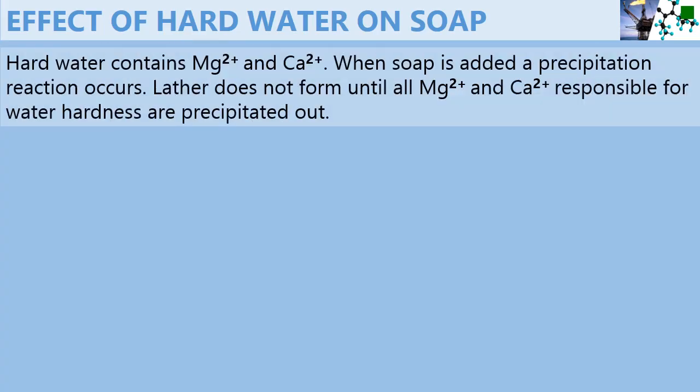Since hard water contains calcium and magnesium ions, the soap added needs first of all to undergo precipitation and remove all the calcium and magnesium ions before it could form lather. And that is what causes water hardness.